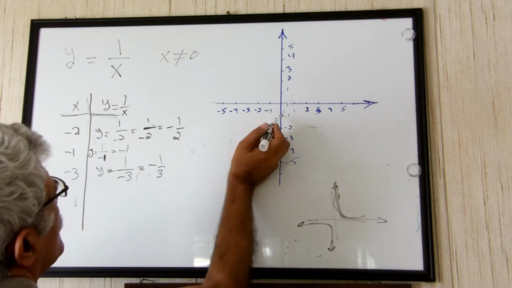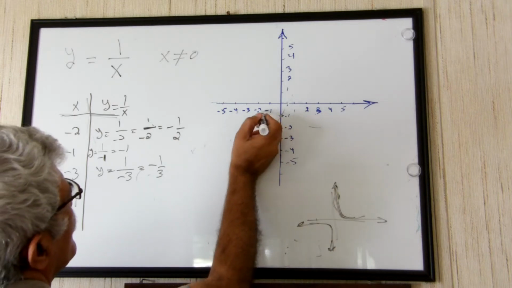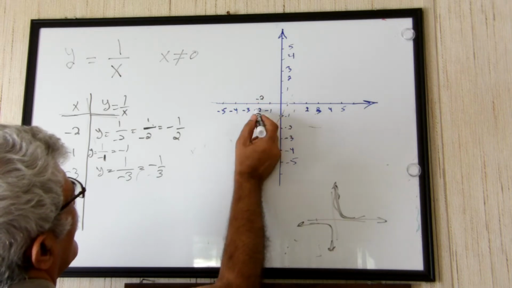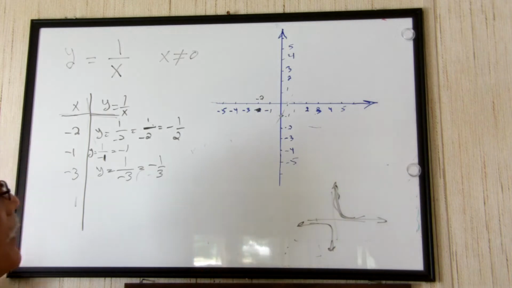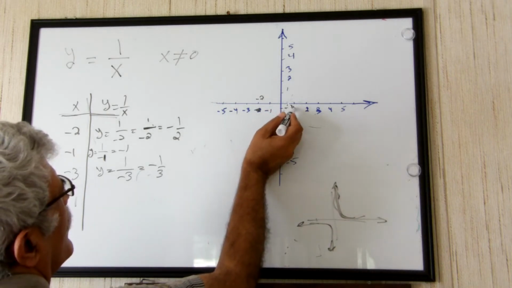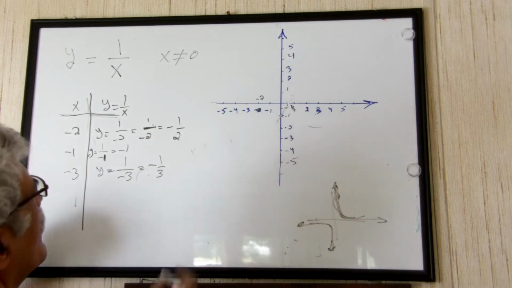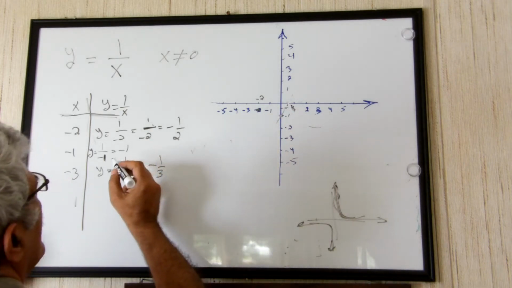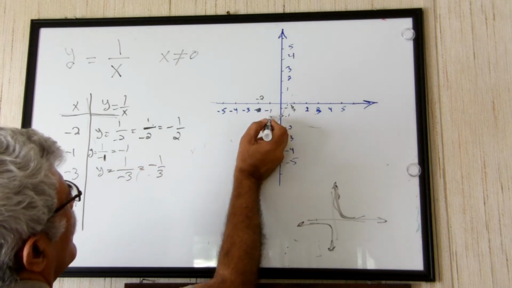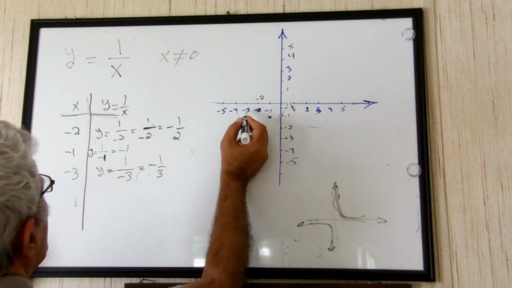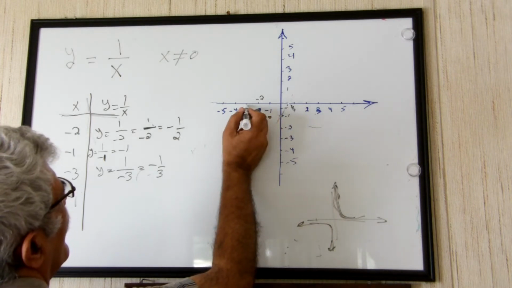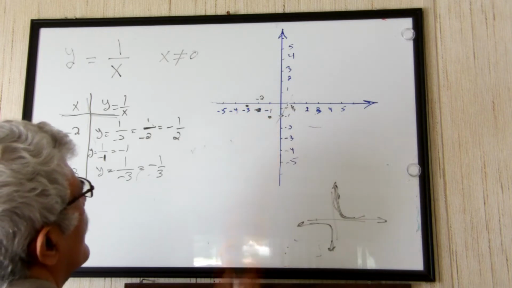Let's locate this point, minus 2, minus 1 over 2. This is minus 2 here, and it's going to be a point here, minus 1 over 2 here. And then x is minus 1, y is minus 1, the point here. And minus 3 is going to be getting smaller and smaller.